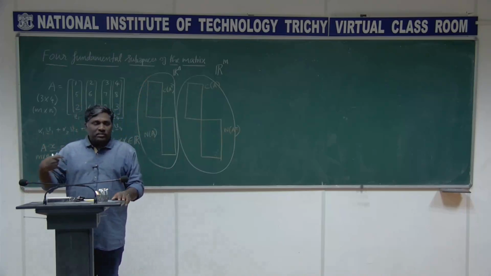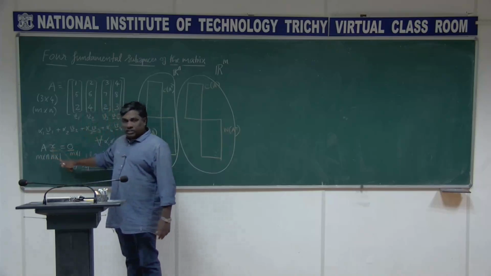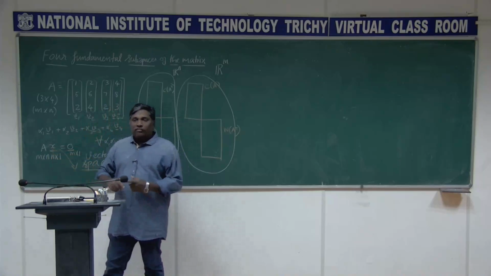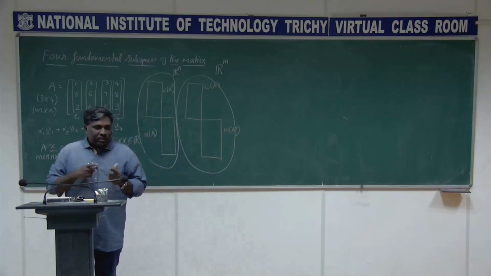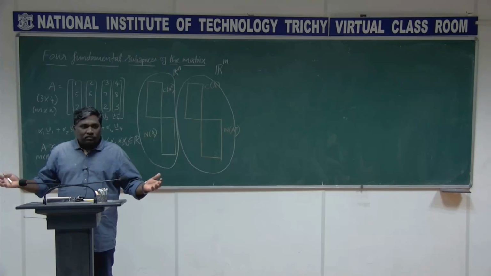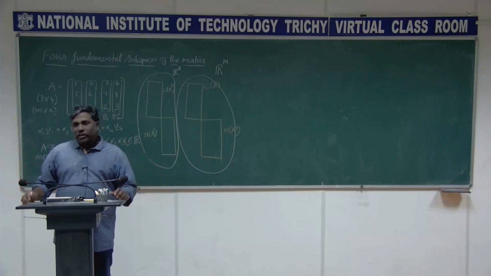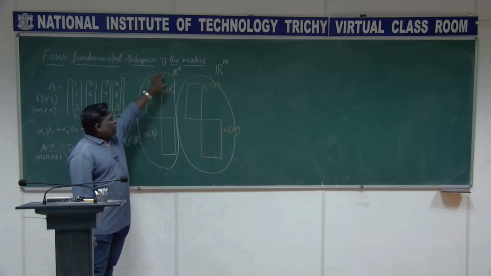So n elements in a vector in this case, that's x, n cross 1. The set of all vectors x satisfying Ax equal to 0 forms a space, and that is going to be a subspace of Rn.